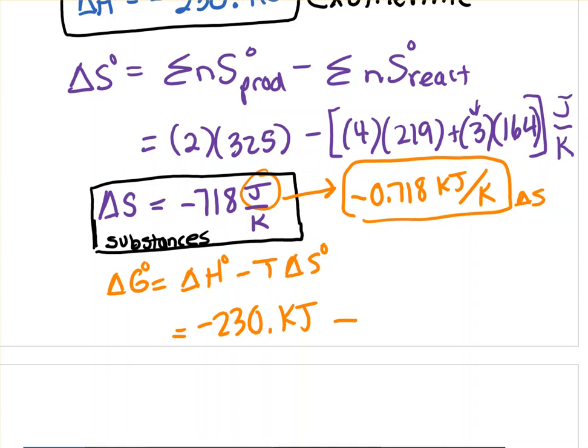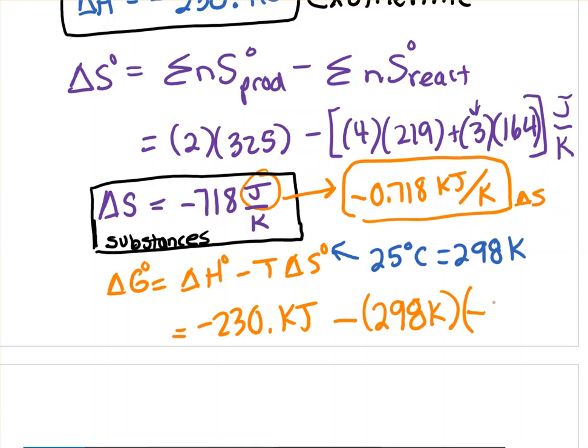And for the temperature, remember we're using this standard state. When we use these signs, it means we're at 25 degrees C, which is 298 Kelvin. So that's the temperature we're going to use in this equation here. And then of course this K cancels and they both are terms in kilojoules.